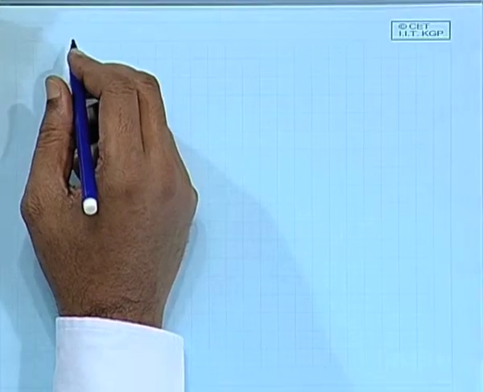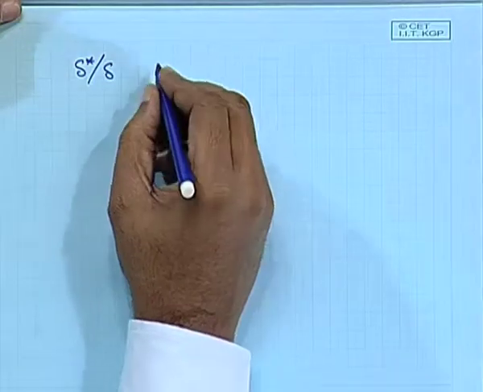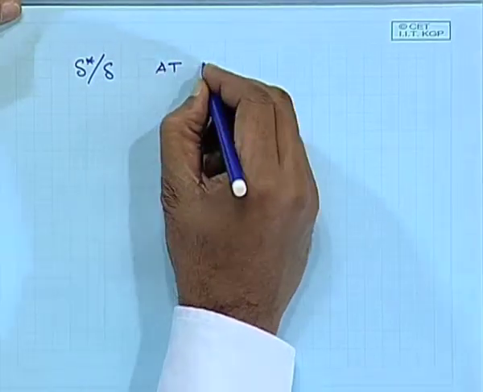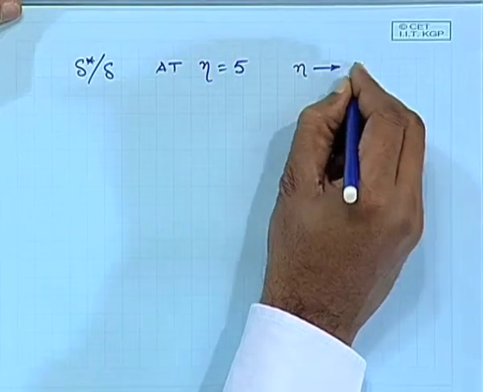Okay. So, now in the time that is remaining, I will give you a problem and the numerical value of its solution, and we will discuss the steps. You have to do it on your own. What you have to find out is delta star by delta at eta equals 5 and when eta tends to infinity.